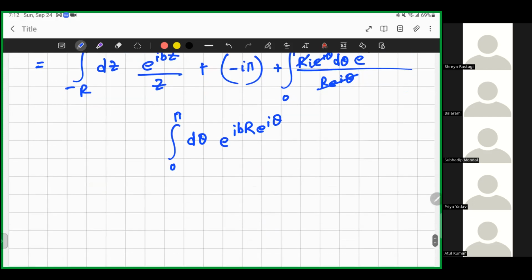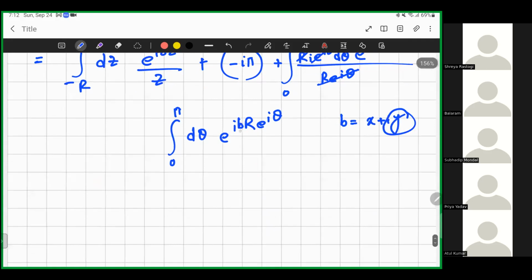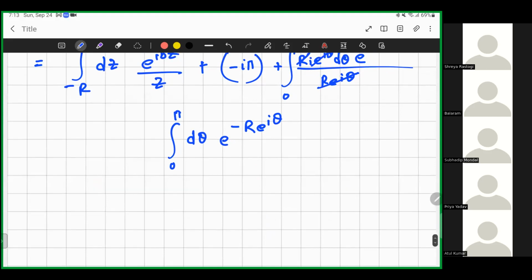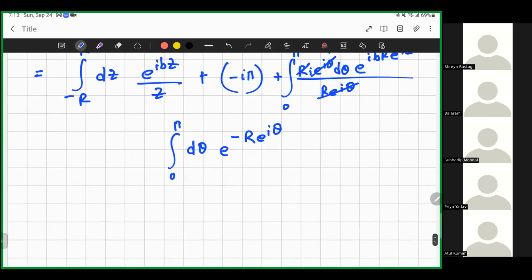Okay, so b can be complex also. Now the imaginary part means what happens? We can write b as x plus iy. If we take only the imaginary part, then it will be only iy. So we can write minus i square y, which gives minus y r into e to the power i theta. Real part we are not considering.